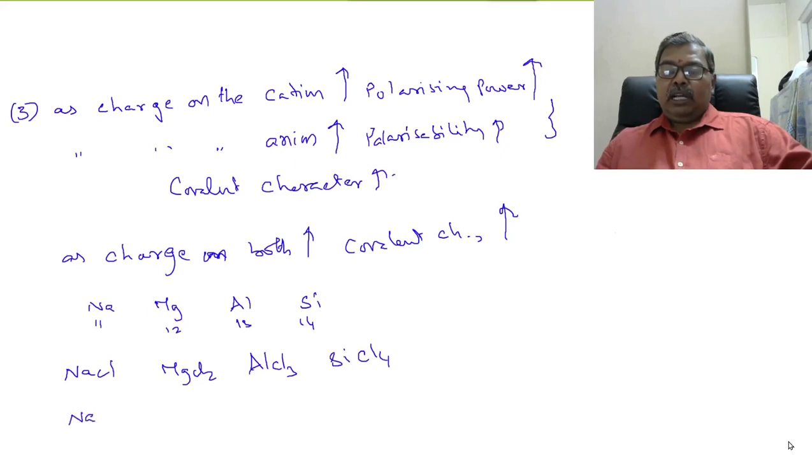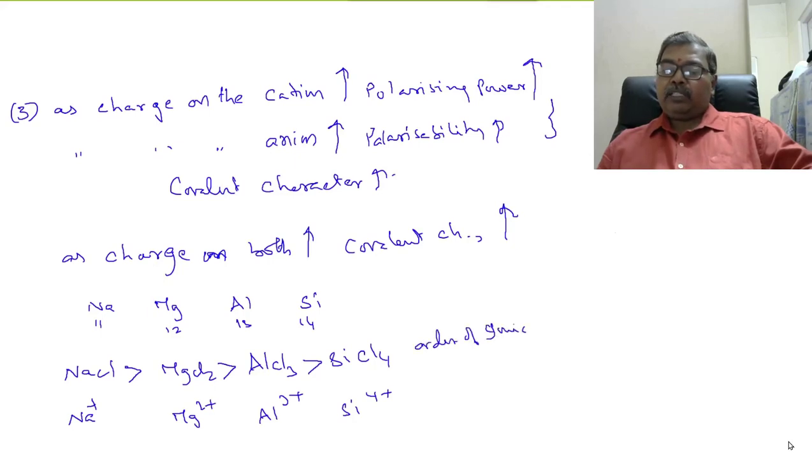See here, Na plus is there, here Mg2 plus is there, Al3 plus is there, here Si4 plus. So as the charge on the cation increases, ionic character decreases. So therefore, NaCl is more ionic than MgCl2, than AlCl3, than SiCl4.